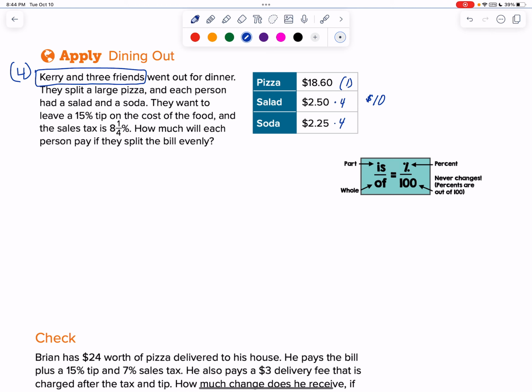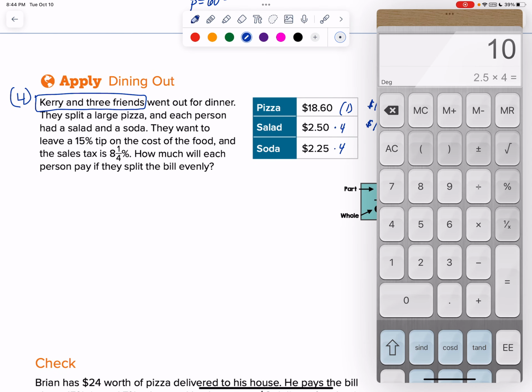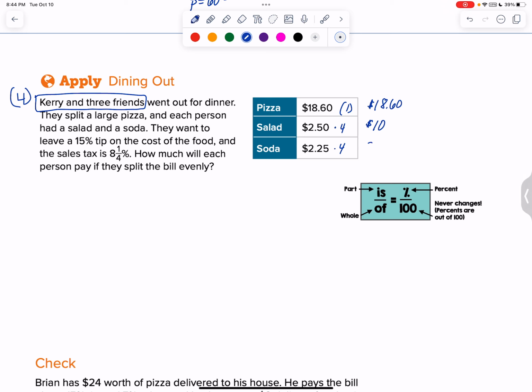So they spent $10. They spent $18.60 on one pizza, and then $2.25 times 4 is $9. I'm always going to double check my work. Yep, $9. So there's the cost of all the food.